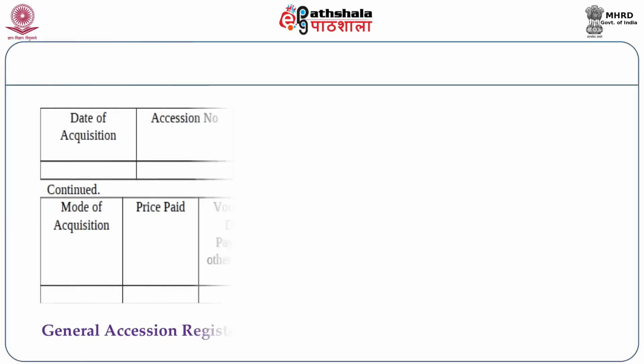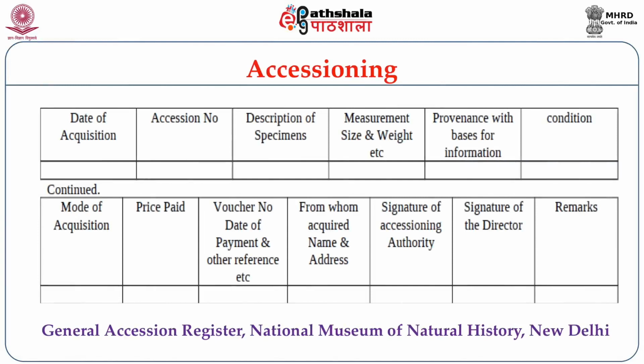Here is an example of a page of the General Accession Register used by the National Museum of Natural History in New Delhi.